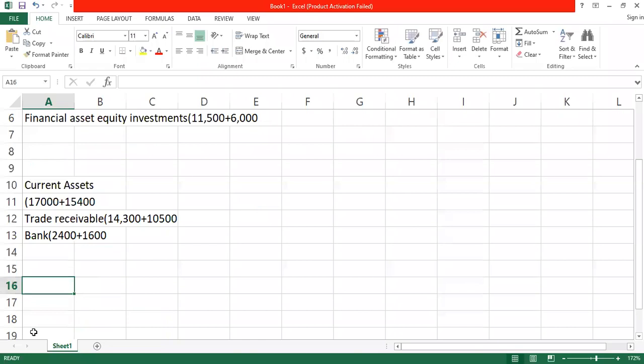Just reproduce what they have given to you; they are going to mark them. So have your equity and liabilities. We start with equity first.